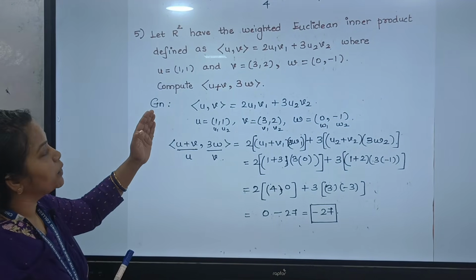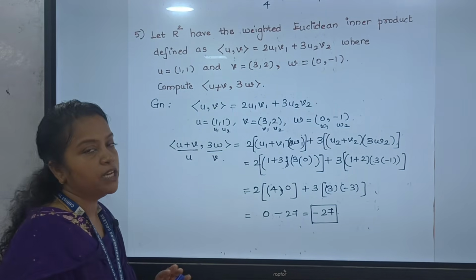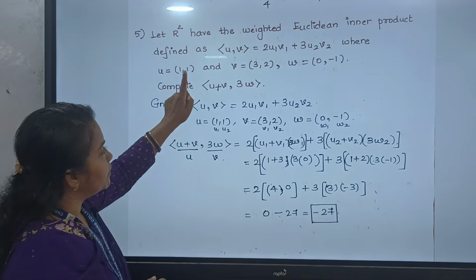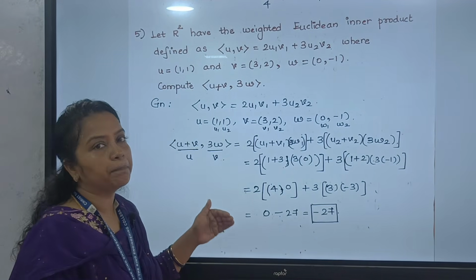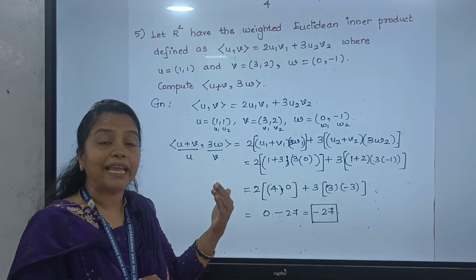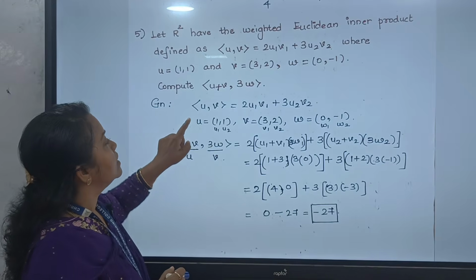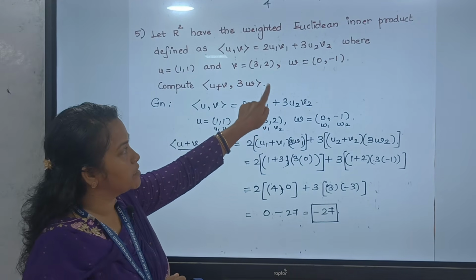So compute the inner product of u plus v with 3w. This is what we need to find out. Once you write the given part, it is very easy to compute what they have asked. The definition of inner product u v is 2u1 v1 plus 3u2 v2.